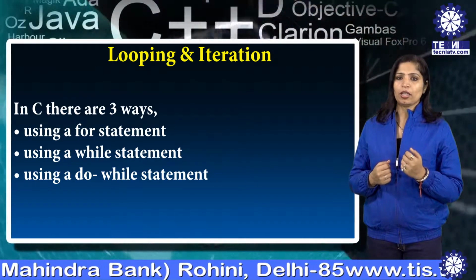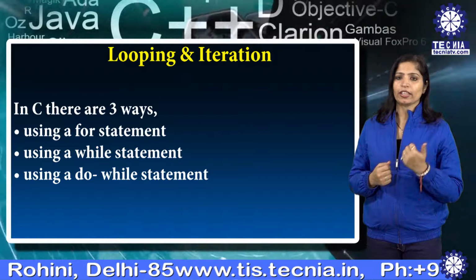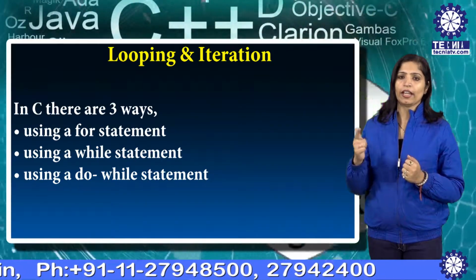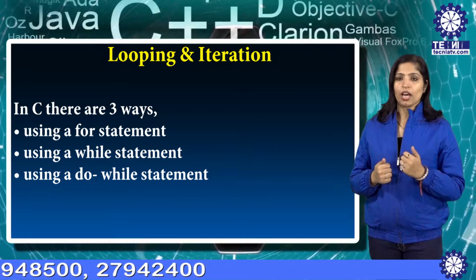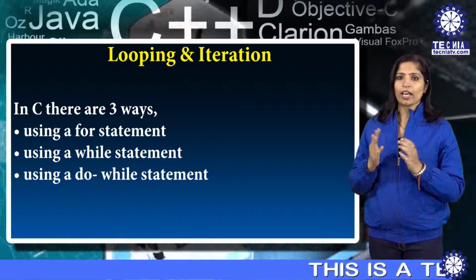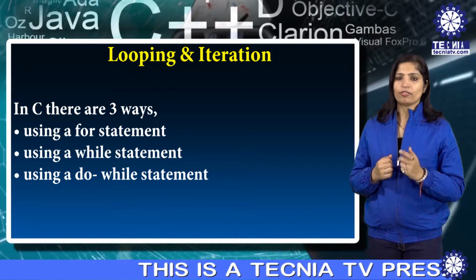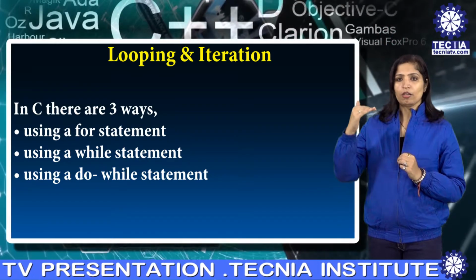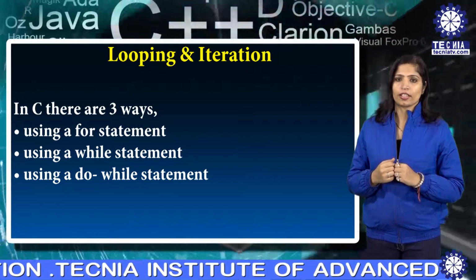The condition may be predetermined like the for loop, or open-ended like the while and do-while loops. Now, performing a set of instructions repeatedly can be done in two ways: for a specified number of times or until a particular condition is satisfied.